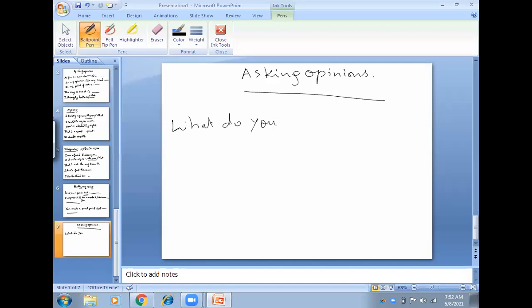Like when a teacher asks you, or asks anybody in the class, what do you think? This is a very direct question. Or what do you reckon? Reckon also means think or consider. Or consider?